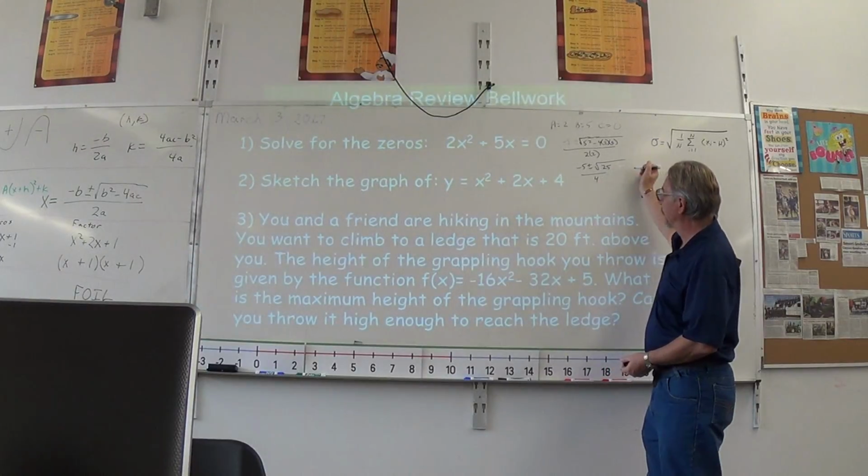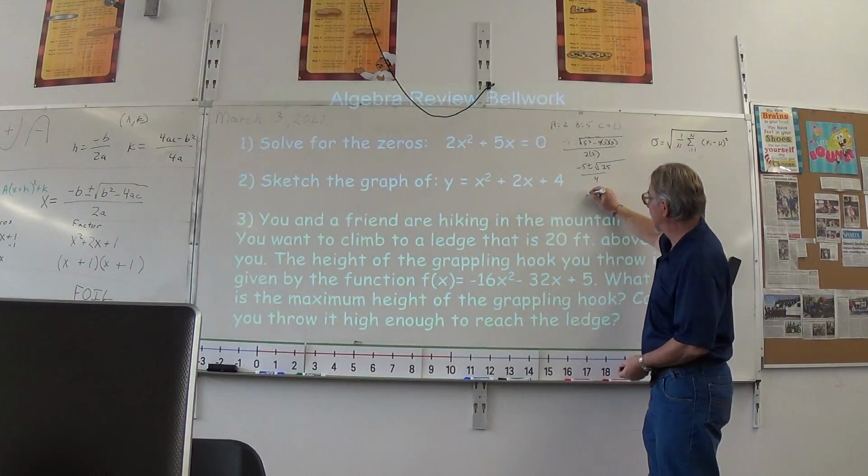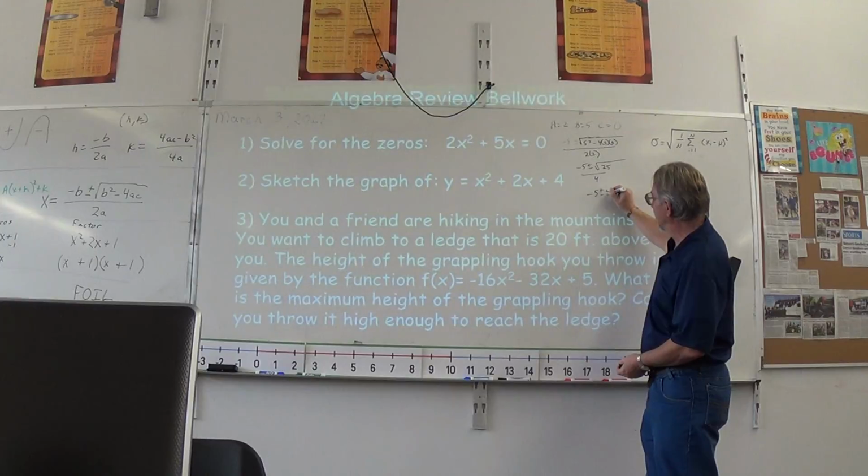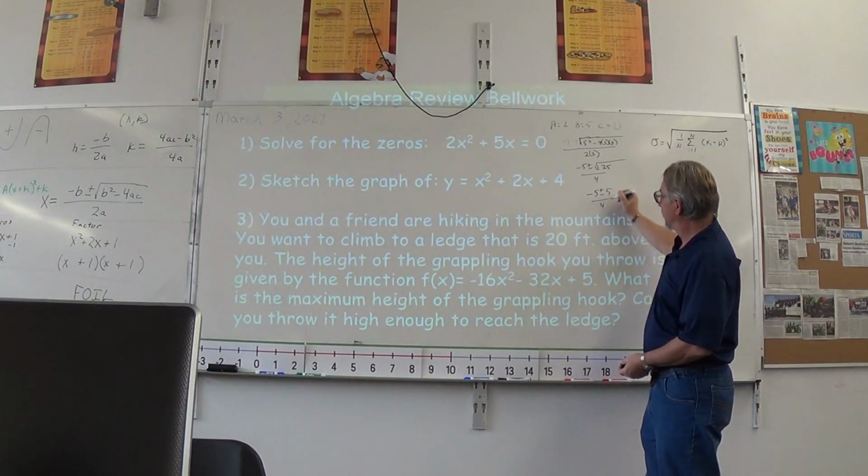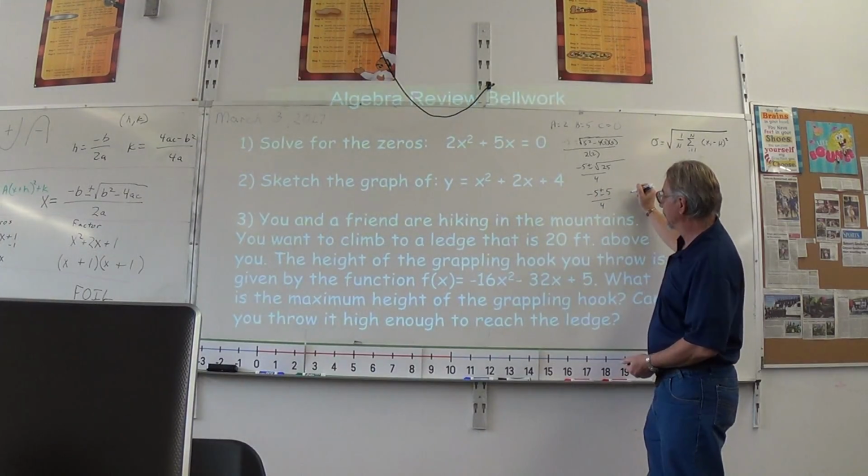Divided by 4. Square root of 25 is 5, so I have negative 5 plus or minus 5 divided by 4.